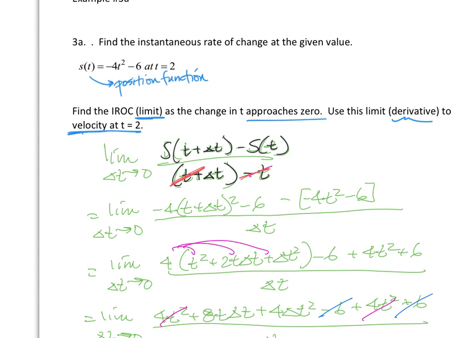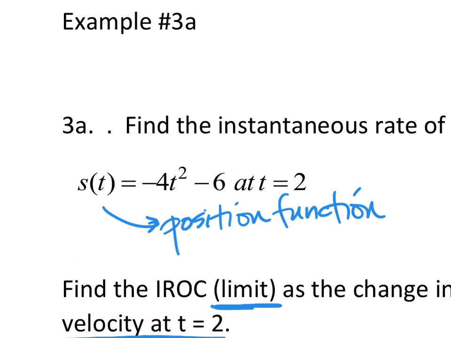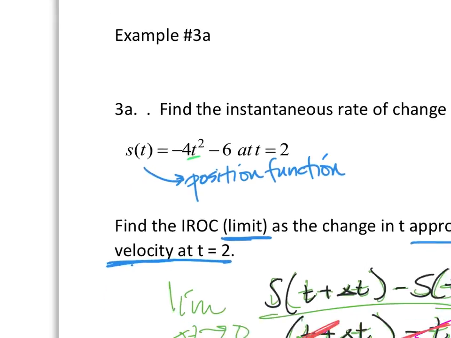Now, we are putting the t plus delta t where we see the variable t in the function. So when we're looking here, this position right there is where we are inserting the t plus delta t.